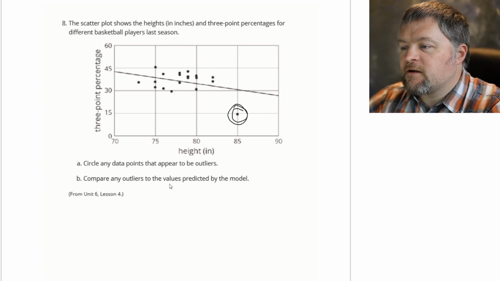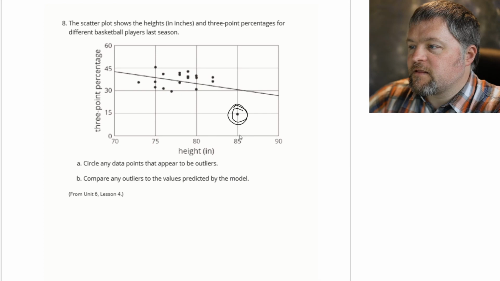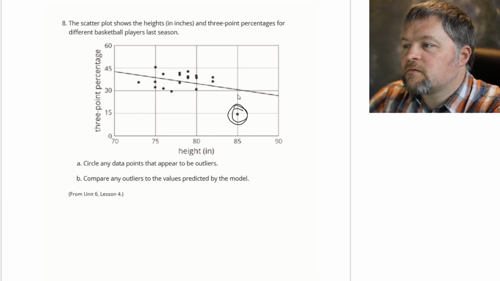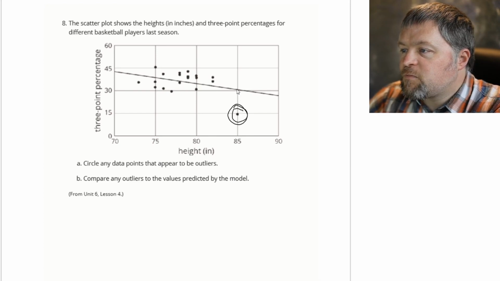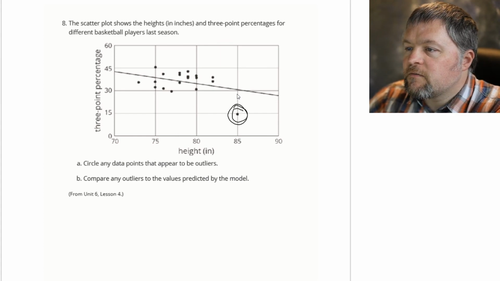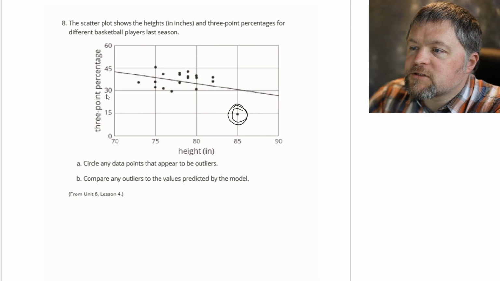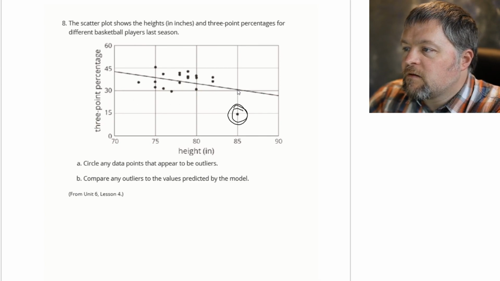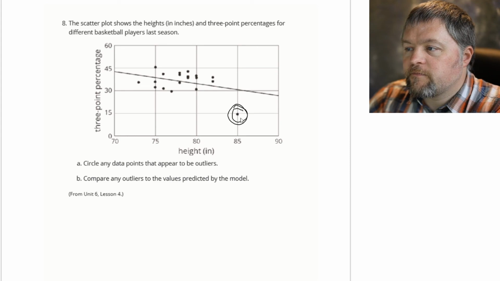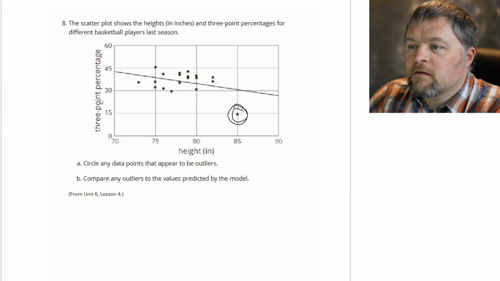Compare any outliers to the values predicted by the model. Well, this point here is about 3-point percentage. Here it's at 30, here it's at 15. So this is about 15 units away from our model.